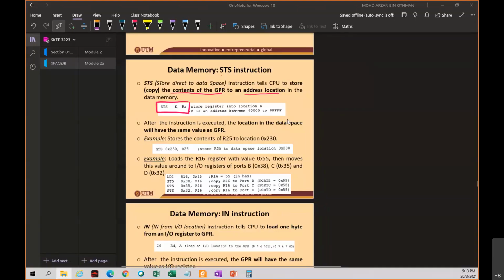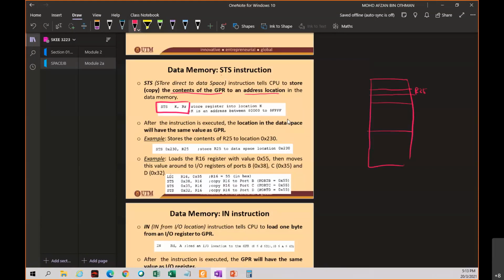Okay, so after the instruction is executed, the location in the data space will have the same value as GPR. Okay, contohlah, store the content of R25 to a location 230. Okay, lukis lagi sekali. Okay, so this is your data memory. Ada 3 location. So this is R25.